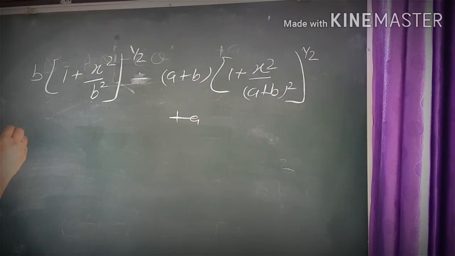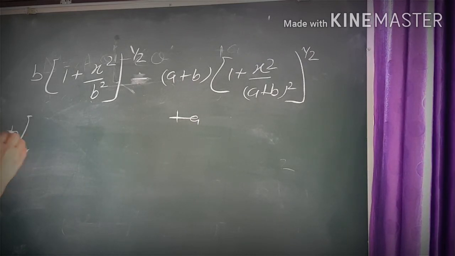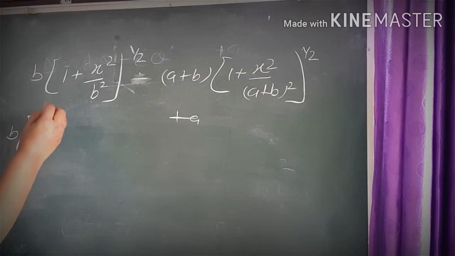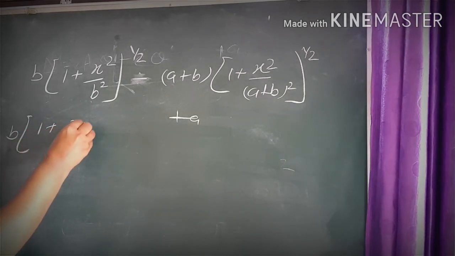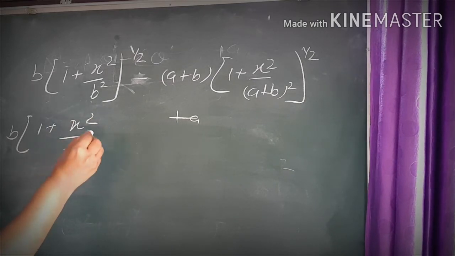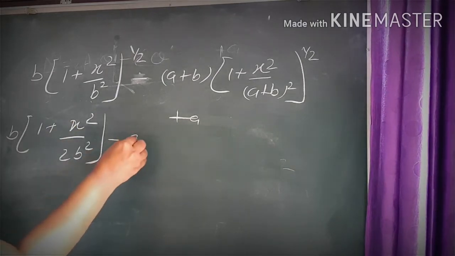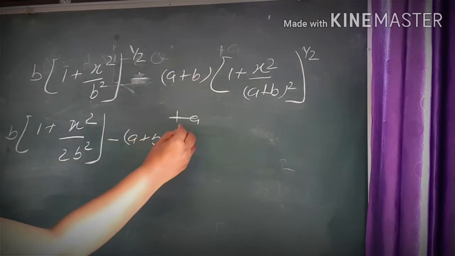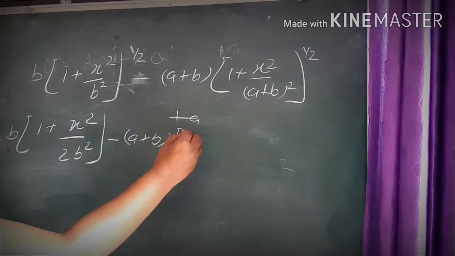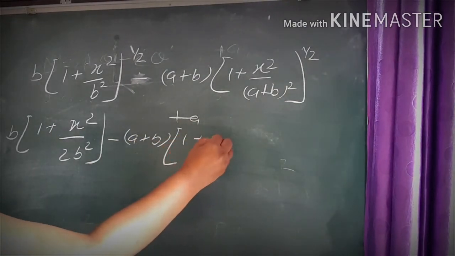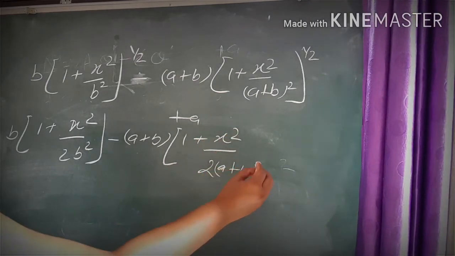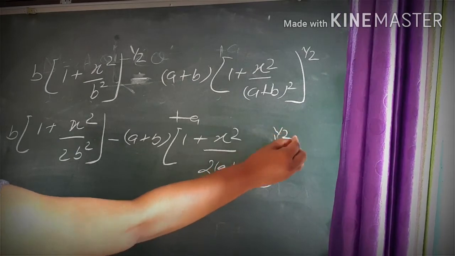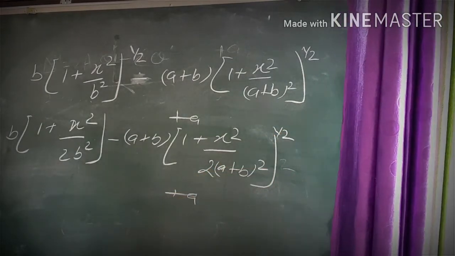By expanding binomially, we get b into 1 plus x square by 2b square minus a plus b into 1 plus x square by 2 into a plus b whole square raised to power 1 by 2, plus a.